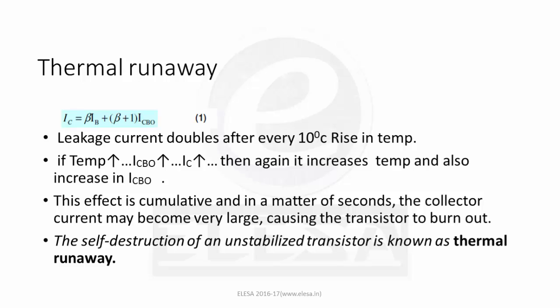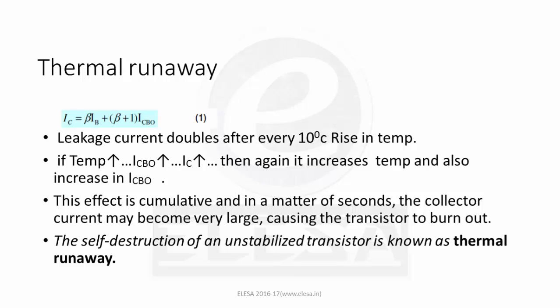It is clear from the above equation that if ICBO increases, the collector current IC will increase by (1 plus beta) times ICBO. As IC rises, the temperature of the transistor also rises, which in turn causes ICBO to increase.